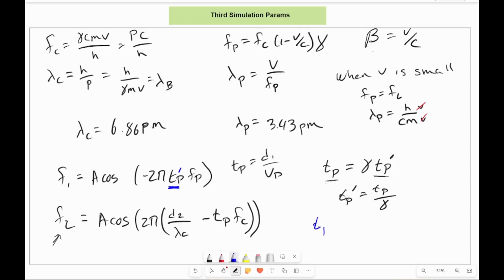And so Tp prime times Fp is really going to just be Tp over gamma times Fc times 1 minus V over c, and then gamma. So essentially, we can still do this because the gamma components cancel out. That's why we kind of got away with just the simplified version up above. Anyways, let's look at the simulation.